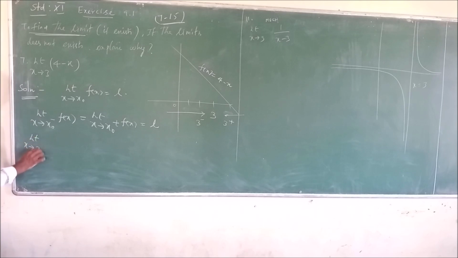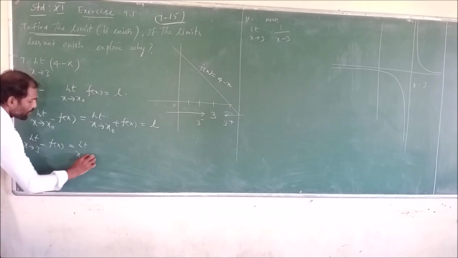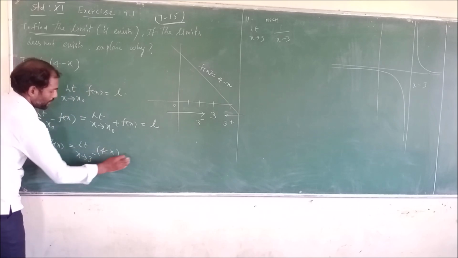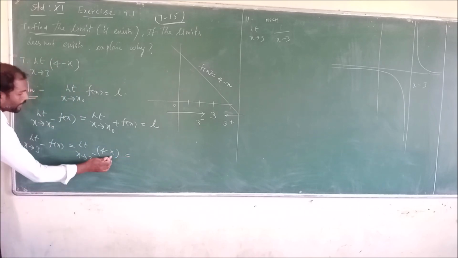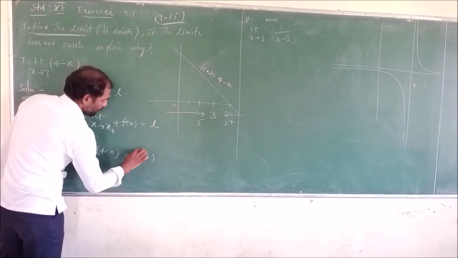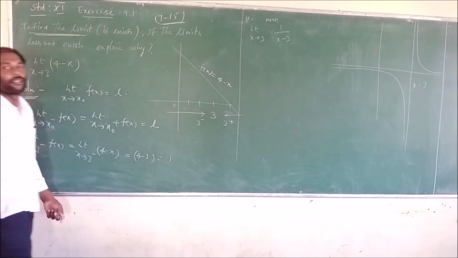Limit as x tends to 3 minus of f of x, where the value of f of x is 4 minus x, applying x equals 3, gives 4 minus 3, which equals 1.